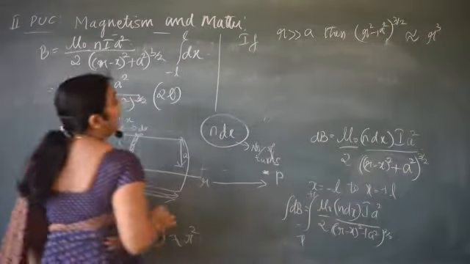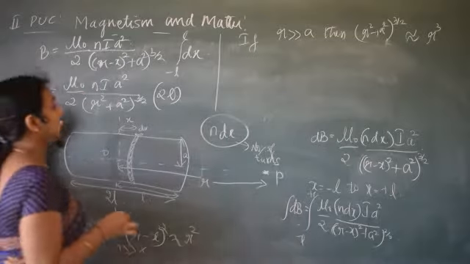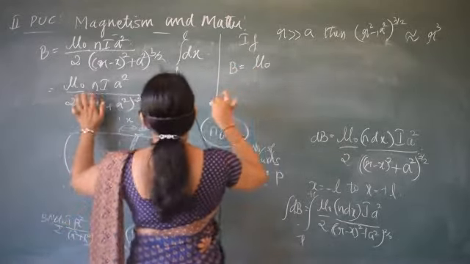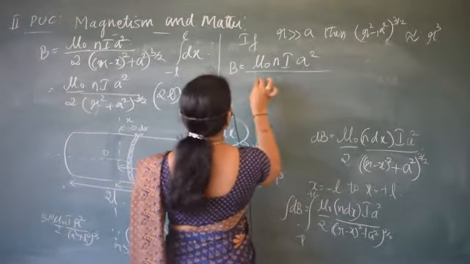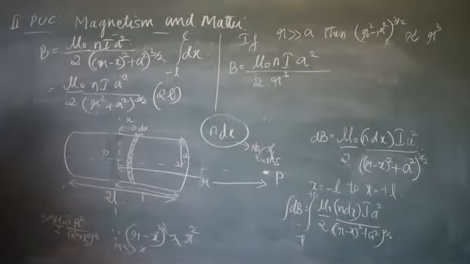Correct? If r is greater than a, then r square plus a square to the power 3 by 2 is approximately equal to r cube. Therefore, we can write B is equal to mu naught n I a square divided by 2r cube.